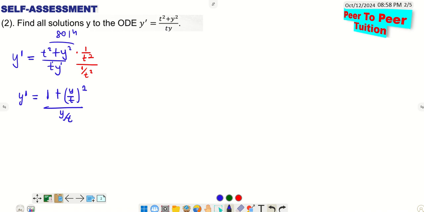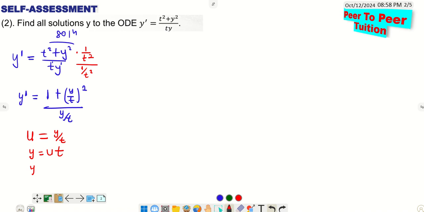So this is what I have. The next thing is to make a substitution that lets u be equal to y on t. Then I can make y the subject, y is equal to ut.